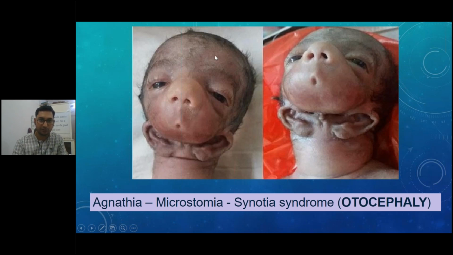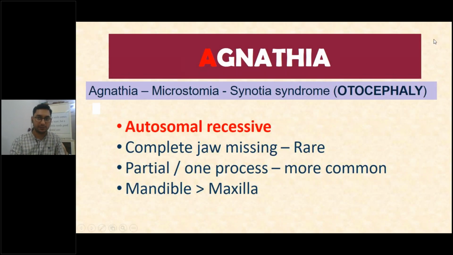That is why otocephaly. Eyes are more widely placed, and there is a very small mouth. That is microstomia. Synotia means abnormal, not proper fusion of bones. That is synotia, and then otocephaly. So this is the most common syndrome with agnathia. This you need to remember, right?